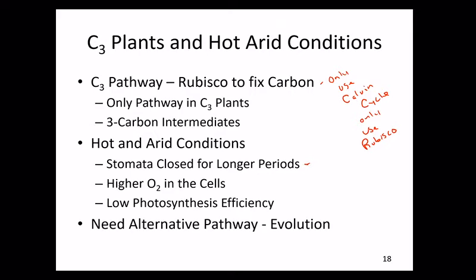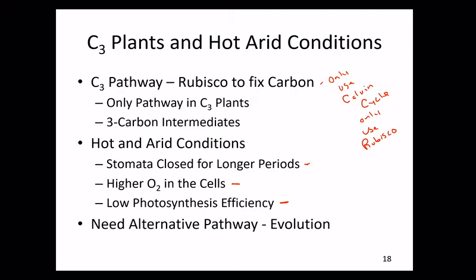So if we took a C3 plant out to that, the stomata are closed for a longer time, which means oxygen is building up inside the plant, which is reducing the photosynthetic efficiency simply because rubisco is beginning to go through the process of photorespiration.